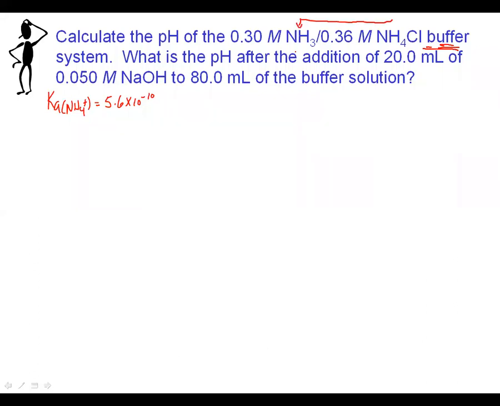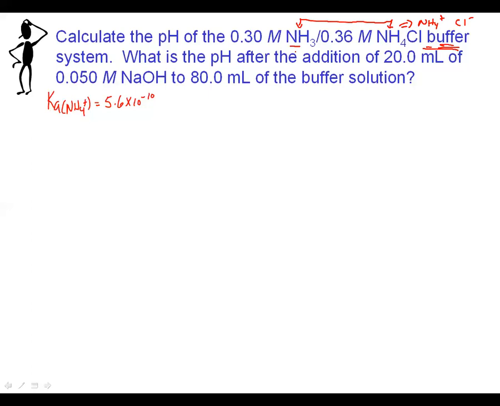The ammonium chloride here is essentially NH4 plus and Cl minus. And it's that NH4 plus and that NH3, that's basically your weak base and conjugate acid combination that's going to make the buffer.